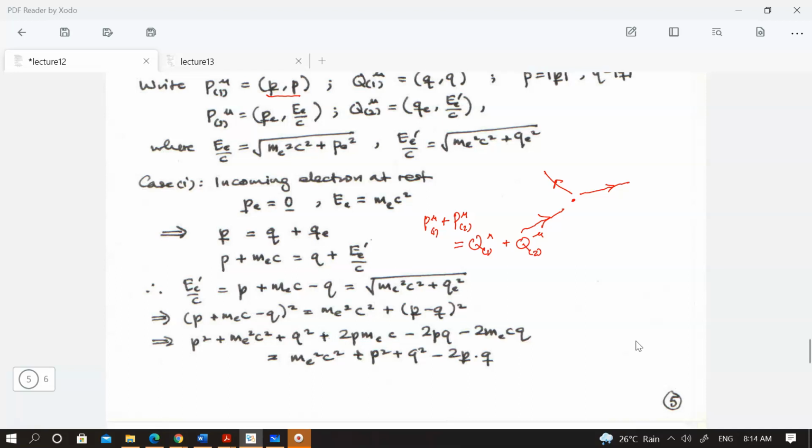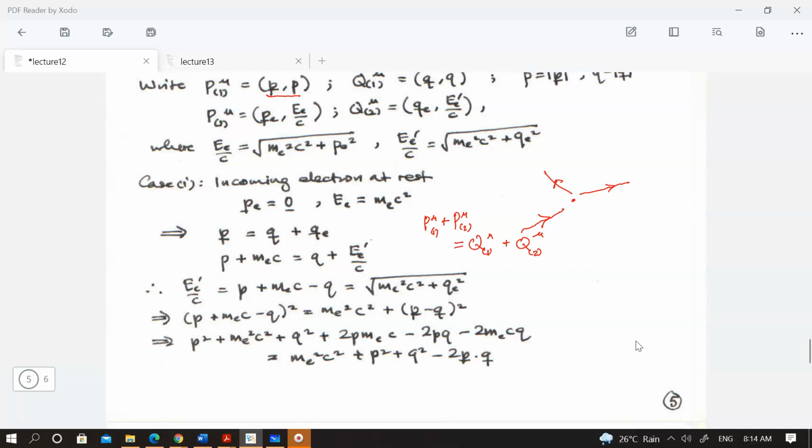So your three-momentum will be just your photon momentum for the initial case, which is equal to the three-momentum of the photon after the collision plus the three-momentum of your electron after the collision. So that is for the first three components.